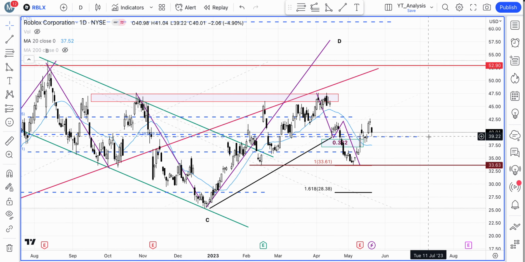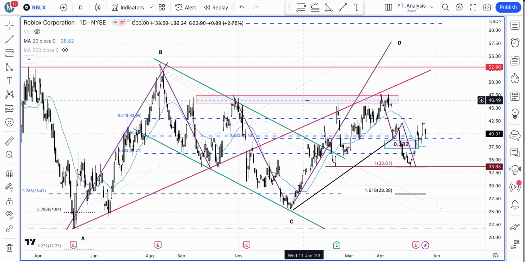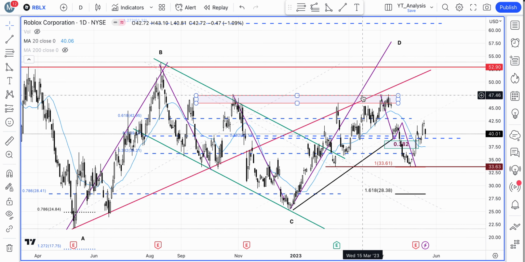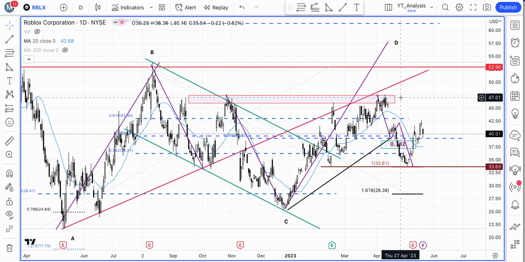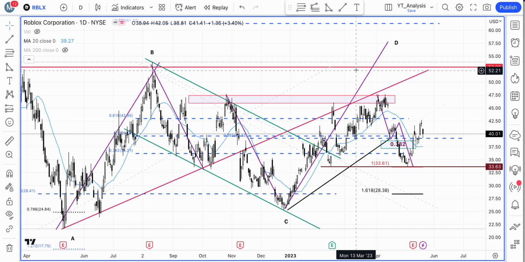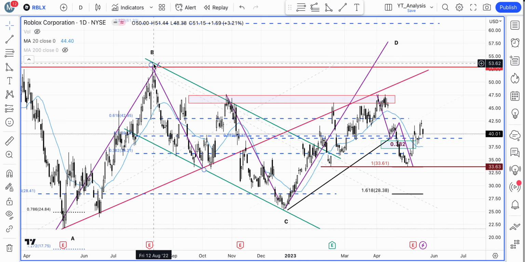The resistance level the stock needs to take out, and we had pointed out this zone right here around the $47 per share level. That was a pretty good resistance level. Price reached there slowly but surely, but was not able to take it out. Then we have another resistance level coming around the $53 per share level. That's the structural resistance here.